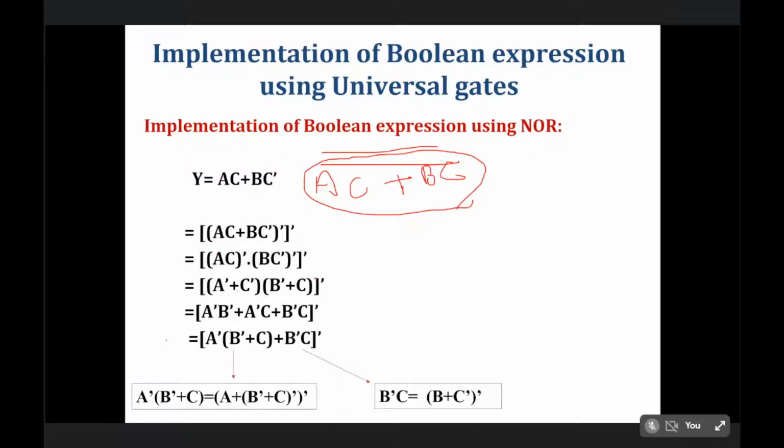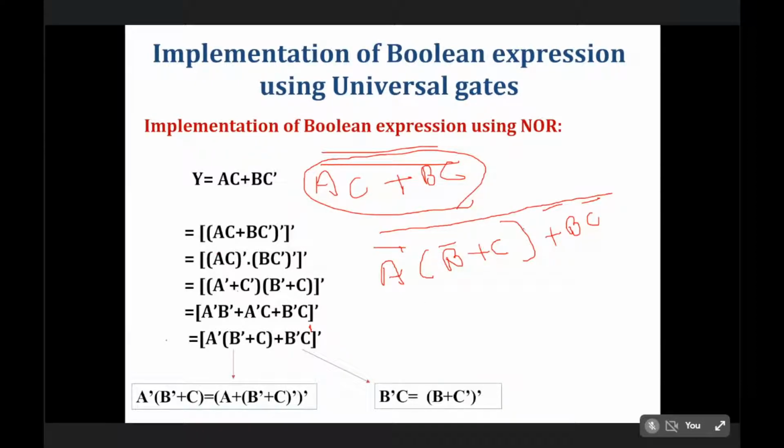So after solving this term, we get A bar, B bar plus C and B bar, C bar actually. This here should be C bar. Okay.